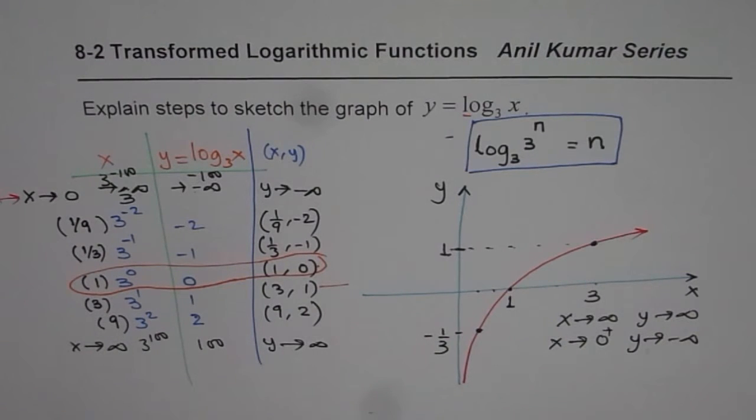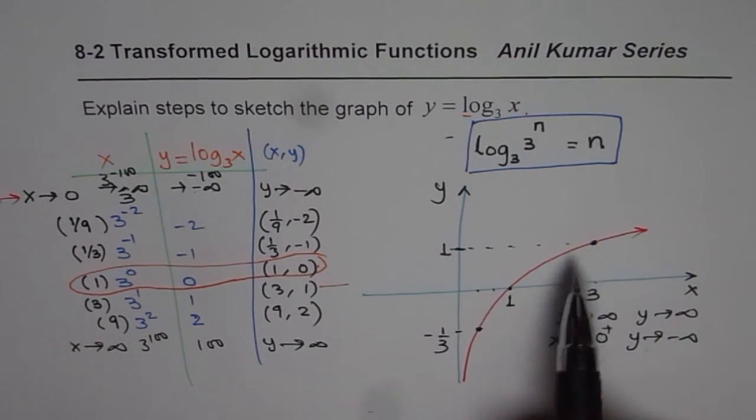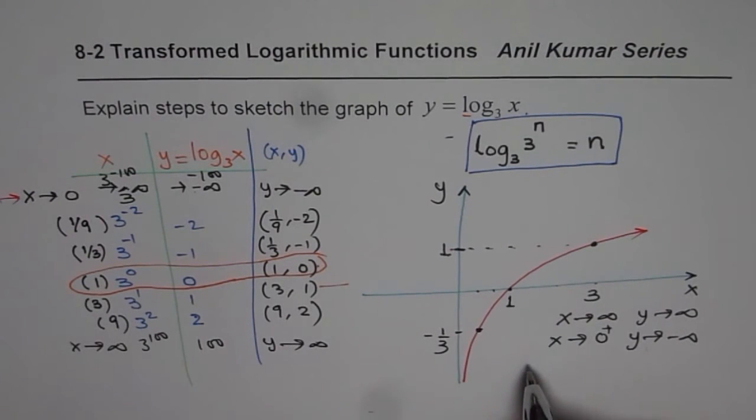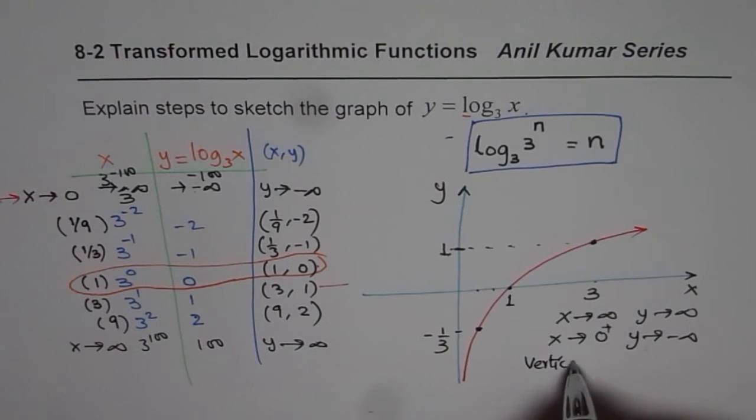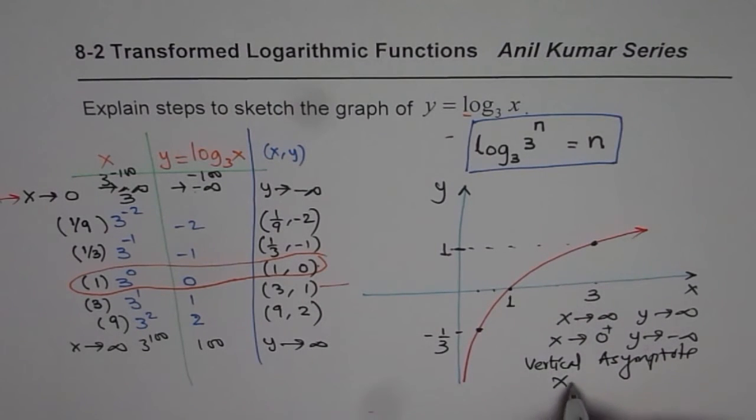So what I would like you to do is, whenever you sketch a transformed function, in the base function, consider the vertical asymptote, whose equation is x equals 0, or the y-axis.